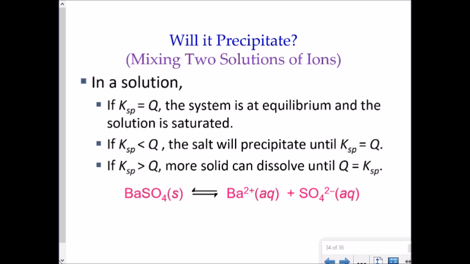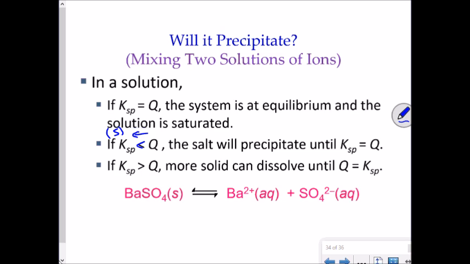So I put it up here to be just like before, those alphabetical arrows, right? Basically if the Q is greater than the Ksp, the shift would be towards the solid, over here on the reactant side.